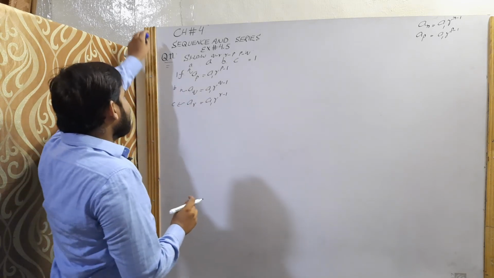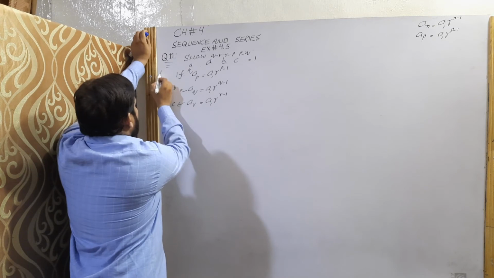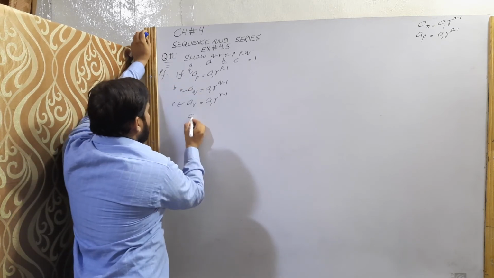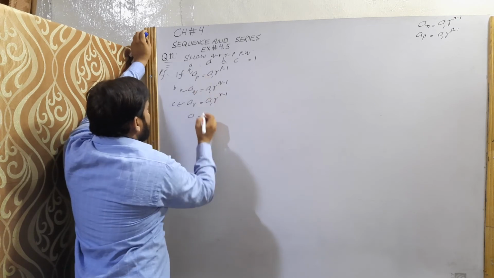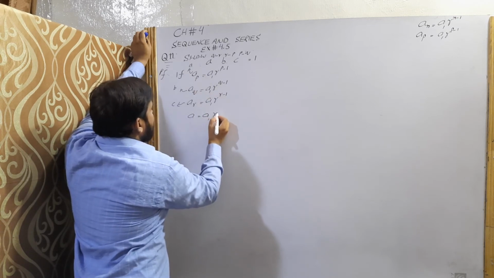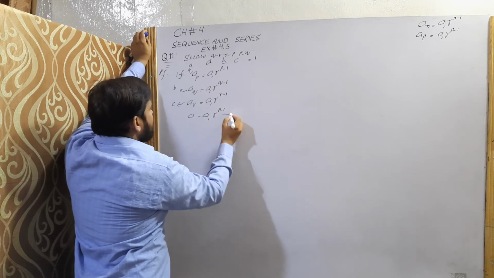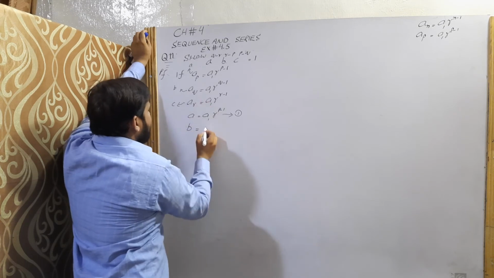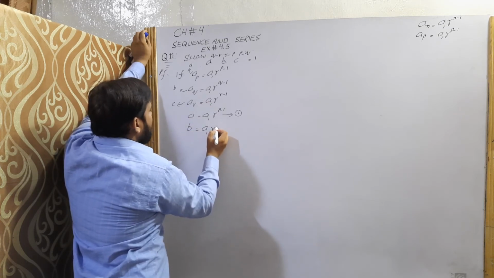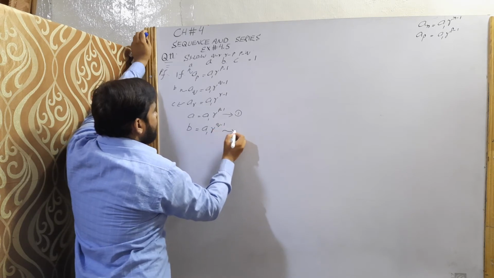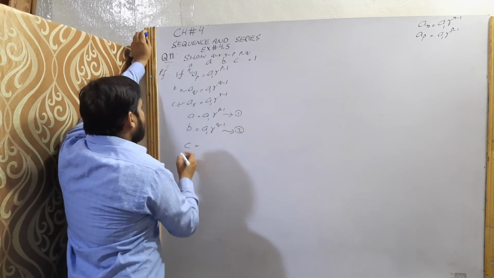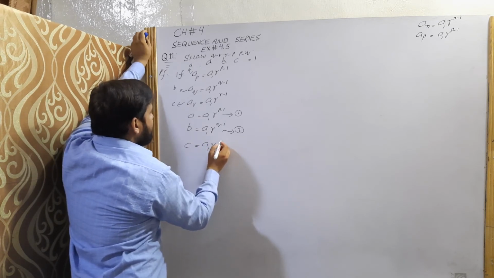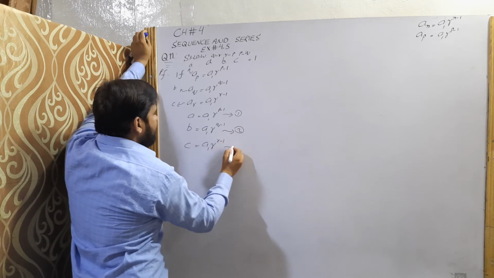So simply, the pth term a is equal to a1 r raised to power p minus 1, say this is equation number 1, and the qth term b is equal to a1 r raised to power q minus 1, say this is equation number 2, and the rth term c is a1 r raised to power r minus 1, say this is equation number 3.